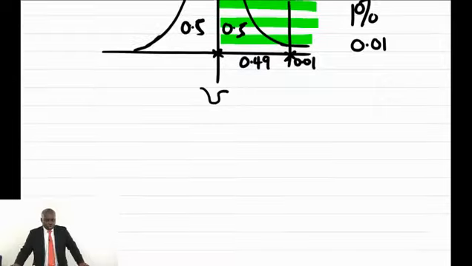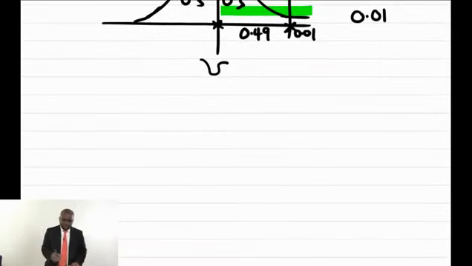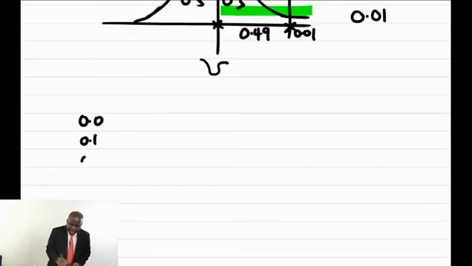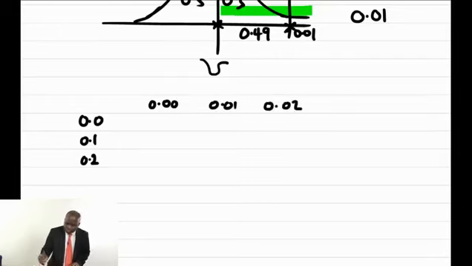So if you go to your normal distribution table, you will see 0.0, 0.1, 0.2, and then 0.00, 0.01, 0.02 onwards, and you see figures in here.